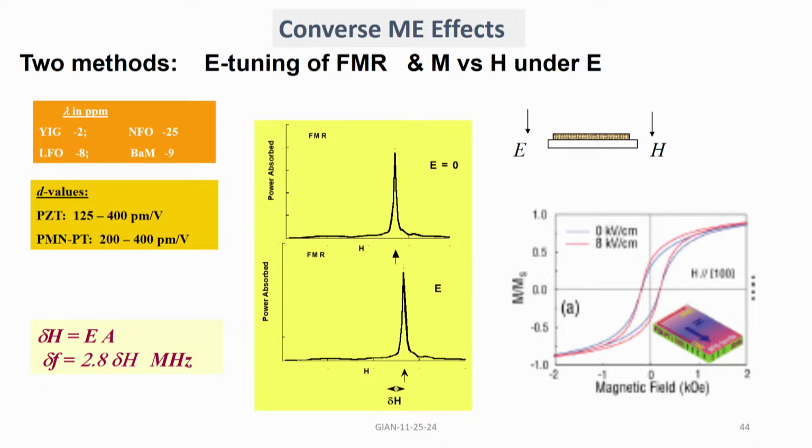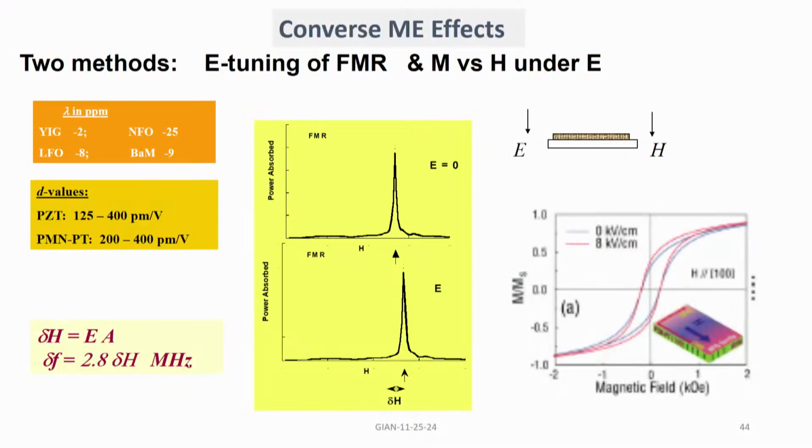There is transfer of power from the microwave field to the system. That will show up as a peak in the power absorbed, and this can be done by several means. But you have to satisfy the resonance condition. I told you this, the magnetization precesses around the field at a particular frequency. So you have to match the frequency of the microwave to that precession frequency. When you do that, it happens. So there are two options.